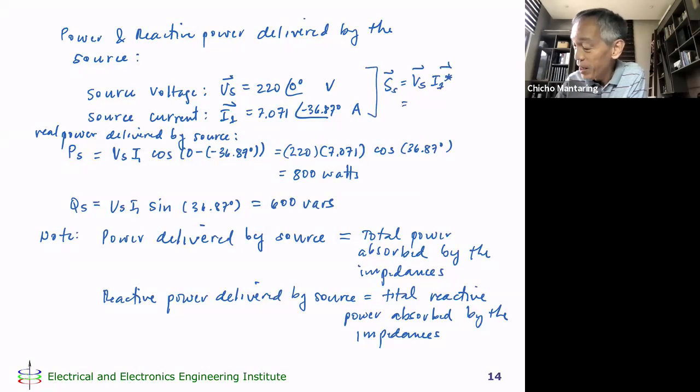And this would have given me 800 plus j600 volt-amperes. So I'm just showing you that there's more than one way to solve problems here. Any questions with regard to this example?